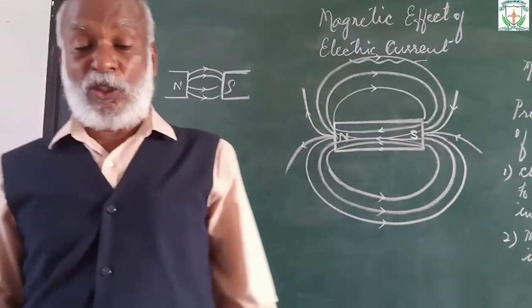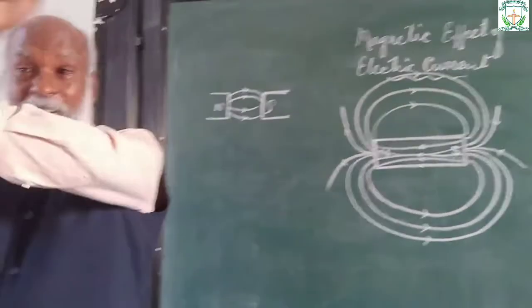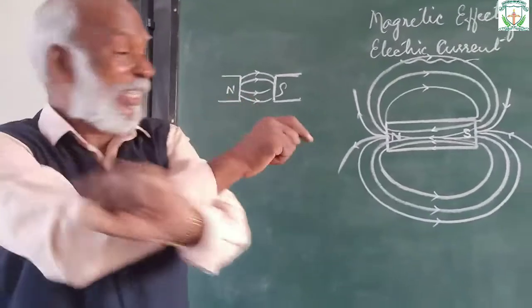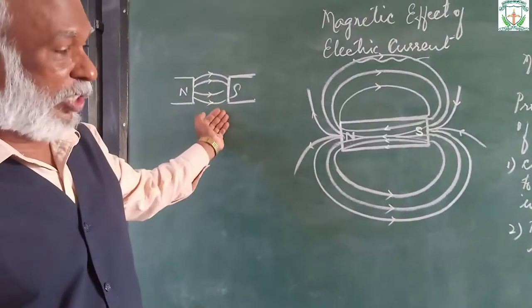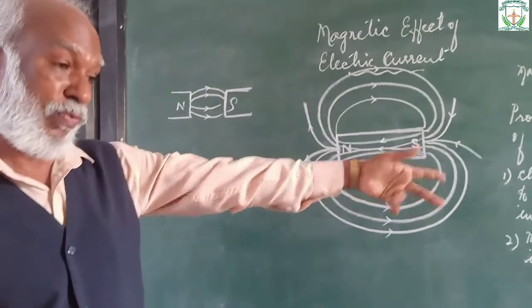So, magnetic lines of force never intersect each other, but may merge. That is another property of magnetic lines of force.